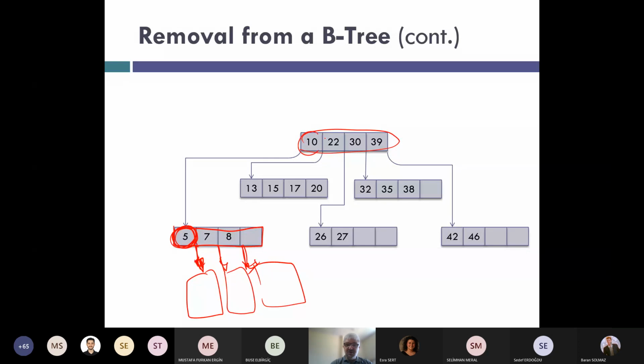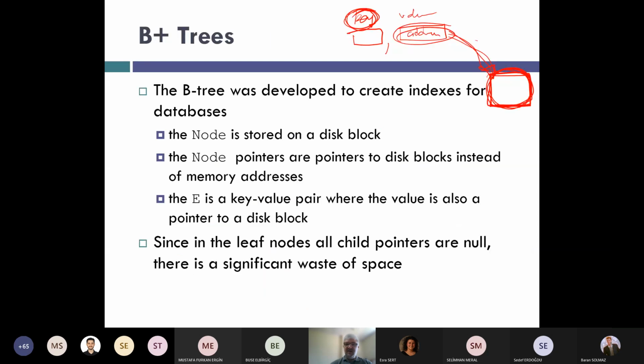But for the internal node, this is used for the next child, right? So for the leaves, we can use child references to store the position of the values, right?